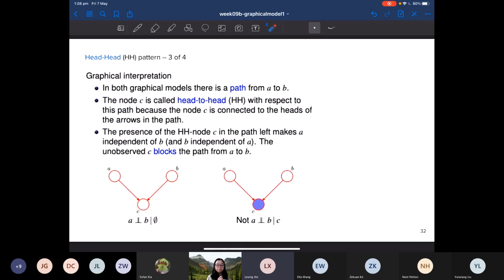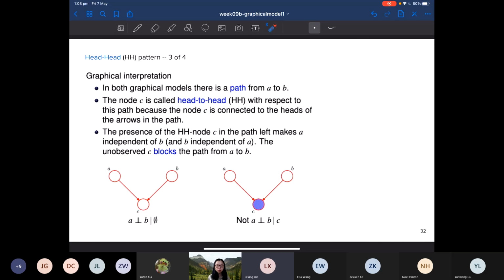So the graphical interpretation of this head-to-head pattern is as follows. In both graphs, there's a path from A to B. The node C is said to have a head-to-head pattern, basically a common child node with different parents.